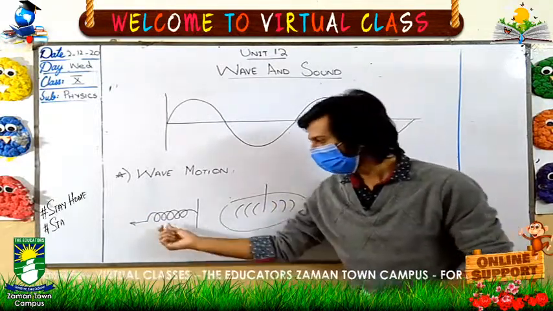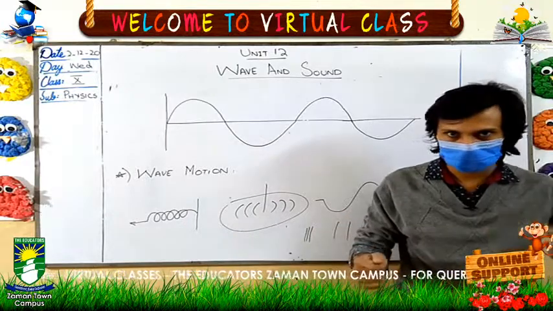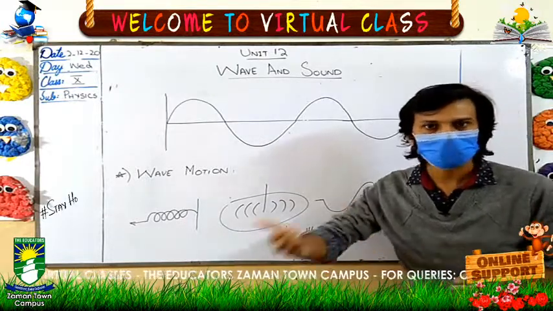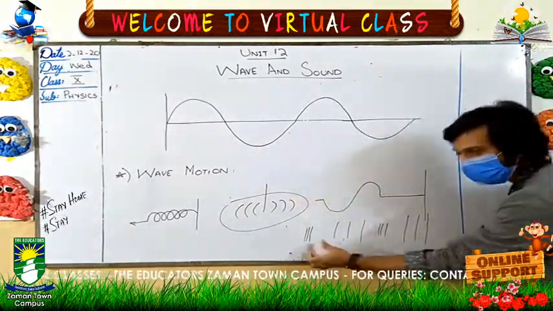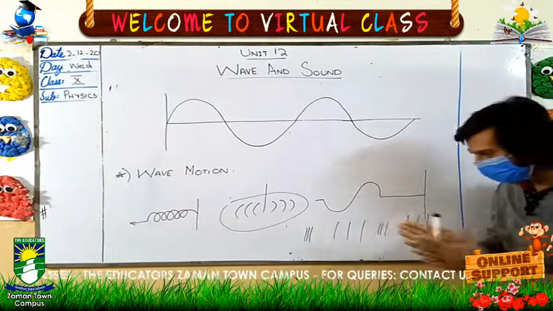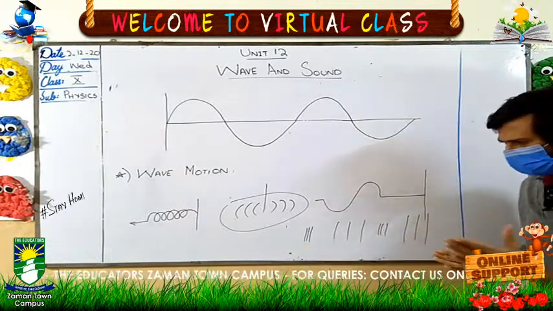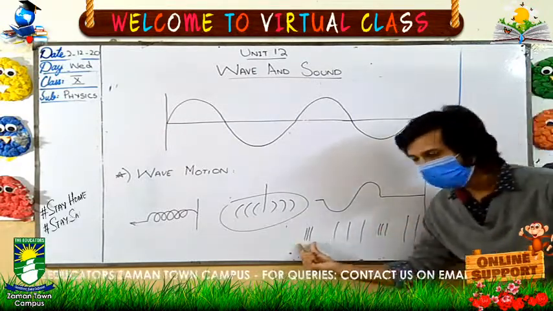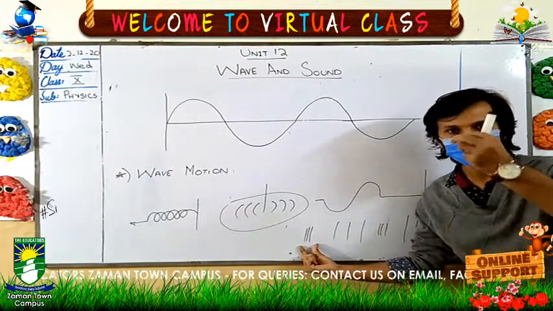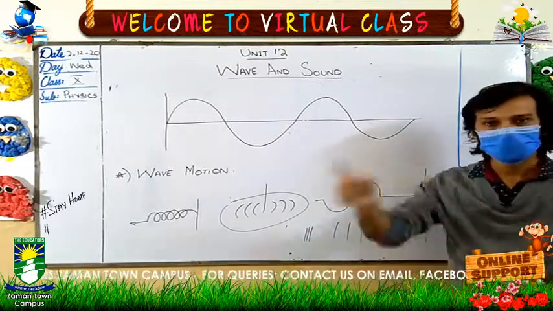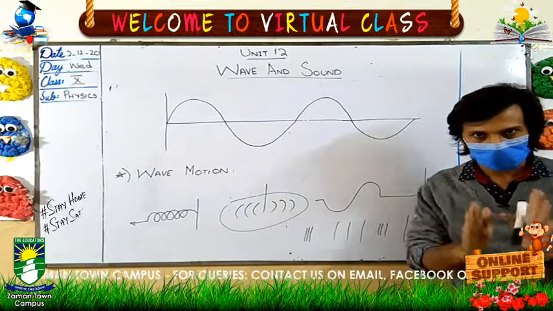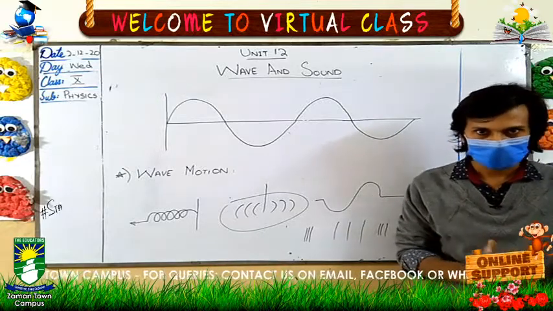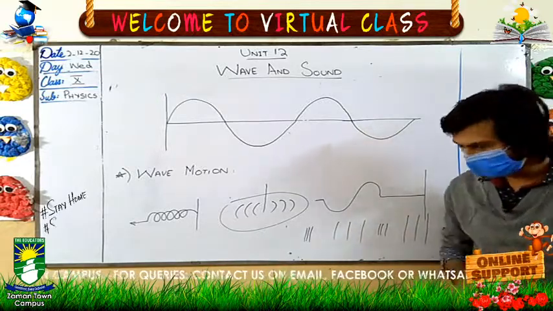Getting class? As I leave the spring, it will form some waves, and these waves are like compression. If I talk in terms of pressure, in compression the pressure is slightly higher than the pressure of the atmosphere. You know about the pressure of the atmosphere, I think you studied it in chapter number 8.